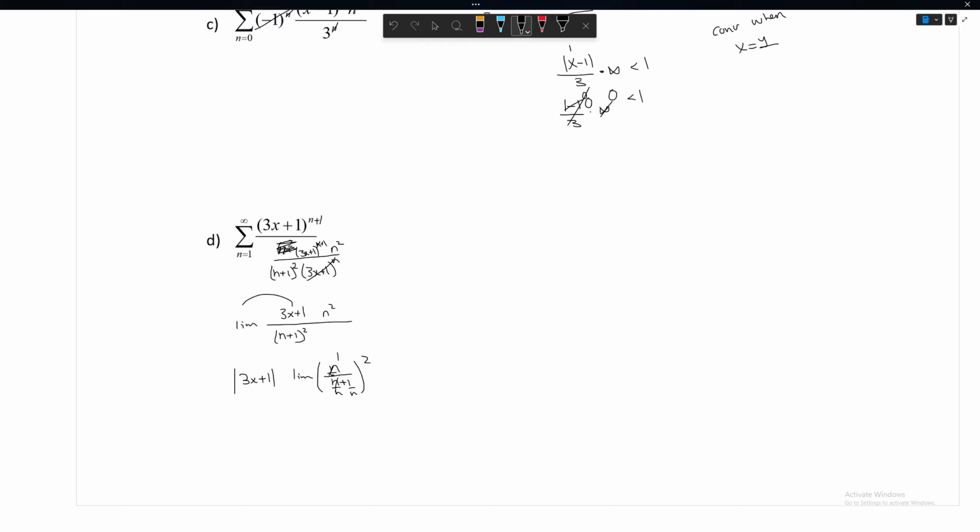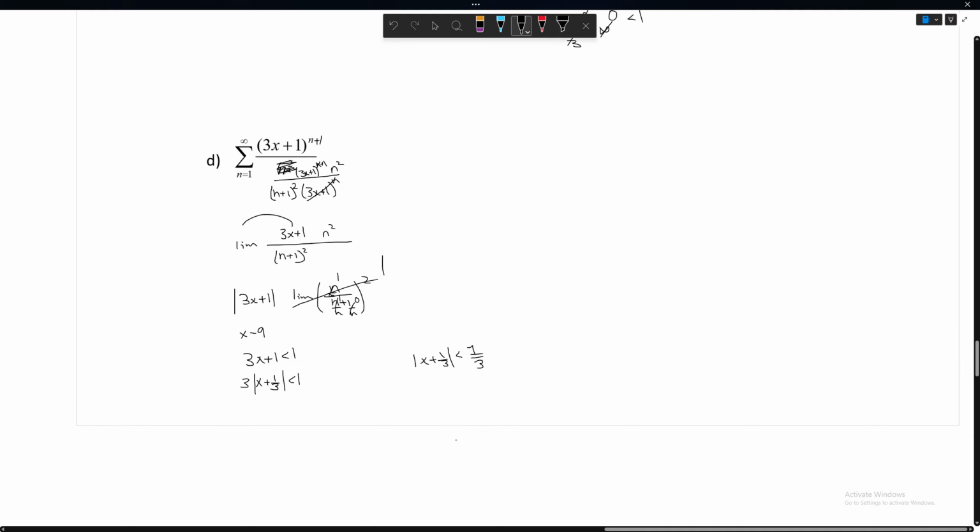This goes to 1, this goes to 1, this goes to 0. You get 1 over 1, so this whole thing just goes to 1. This is what you get. Obviously, this is not in the format of x minus 1. And so what you do is pull out 3. Right? Now take 3 to the other side. 1 over 3.